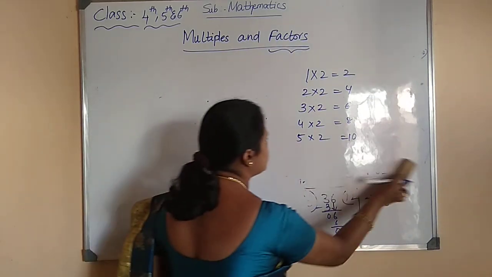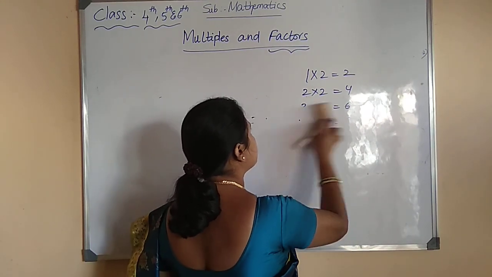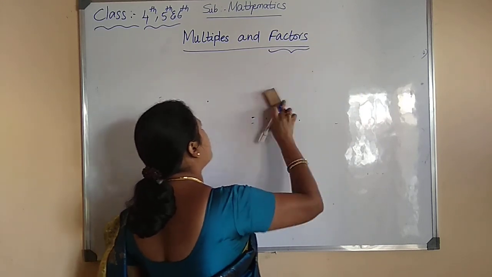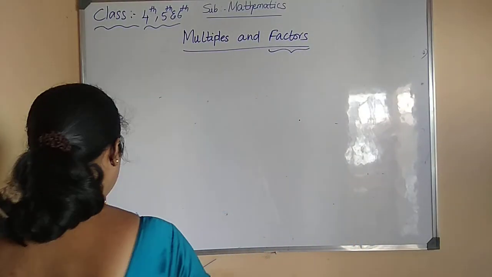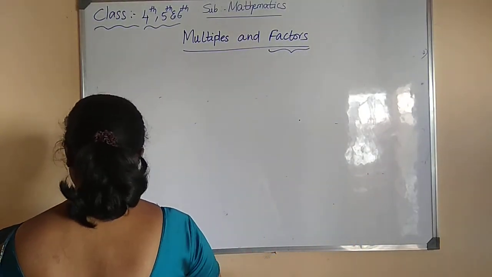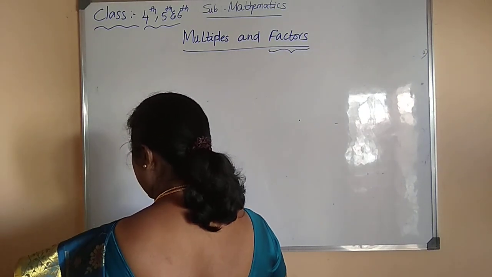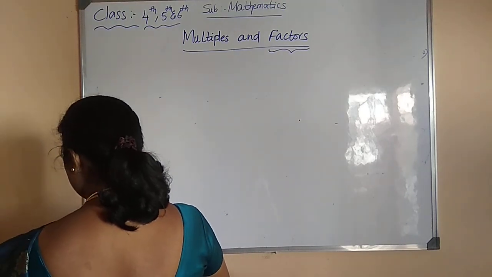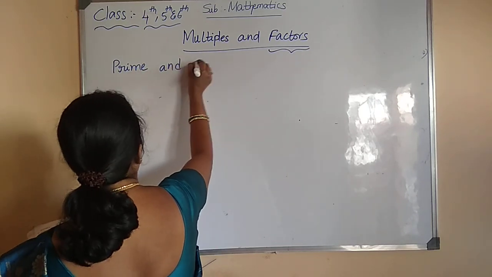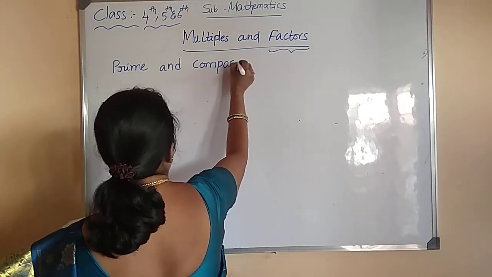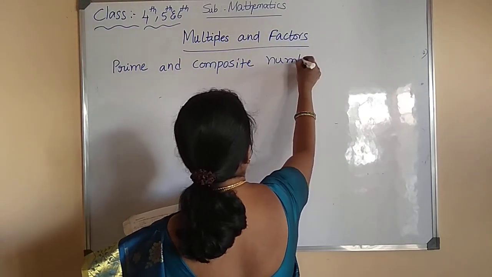Before finding HCF and LCM, we want to know about prime numbers or prime factors and composite numbers. For example, see here, prime and composite numbers.